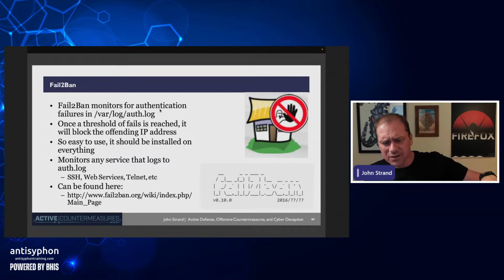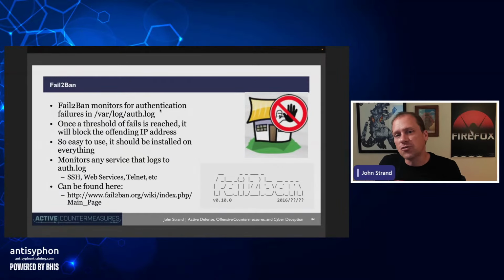Well, Fail2ban is monitoring authentication failures, and it can monitor authentication failures from a wide variety of applications. It can monitor them from Telnet, weblogs, SSH, and if it sees a certain threshold, which is tunable by you, of failed login attempts from an IP address, it'll automatically ban that IP address from connecting to that computer system for a configurable amount of time.